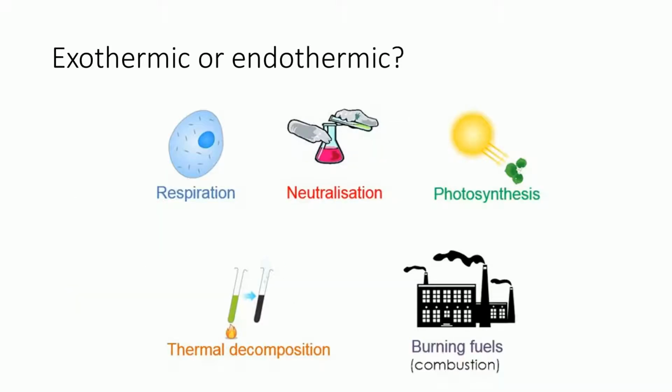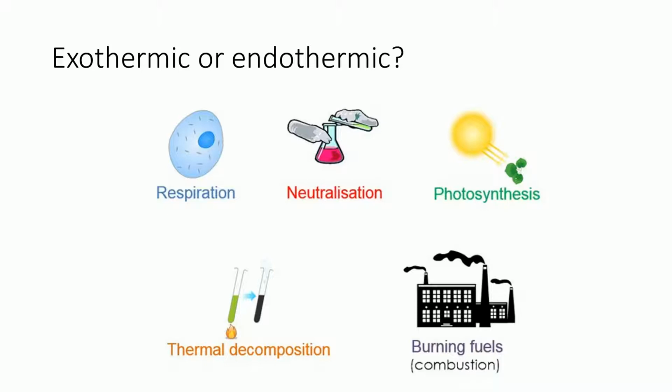On this next slide, I've got 5 different chemical reactions. Some of them are exothermic, some of them are endothermic. So pause the video and write down our 5 reactions, which are respiration, neutralization, photosynthesis, thermal decomposition and combustion, which is burning fuel. Think about what you know about them.